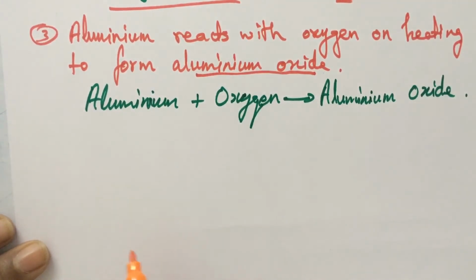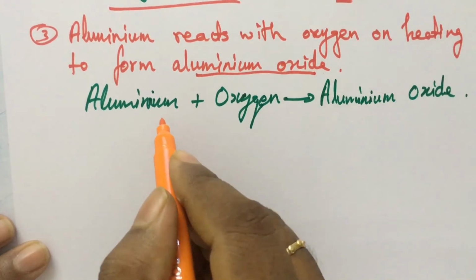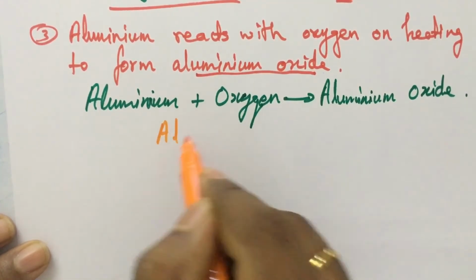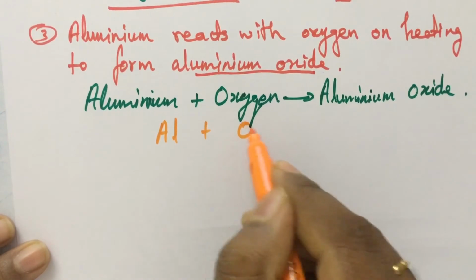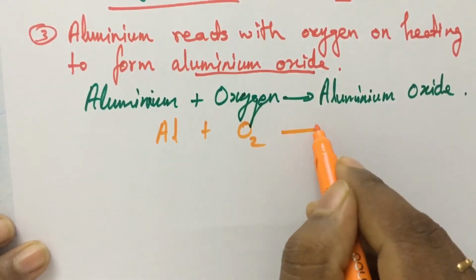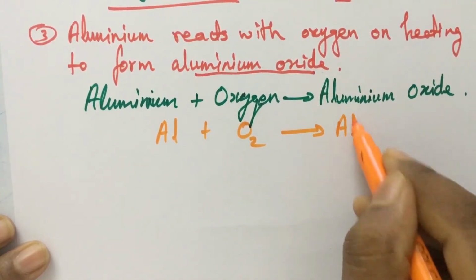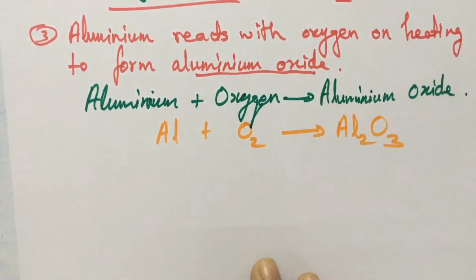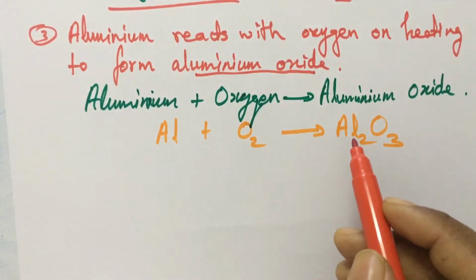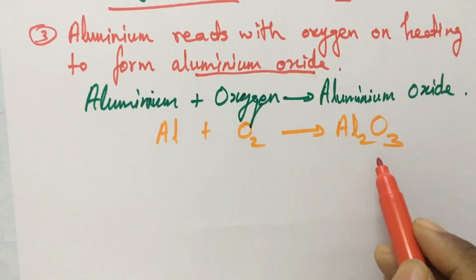Now in proper form, the equation is Al for aluminium plus oxygen O2 gives Al2O3. Let us start with Al2O3 because it contains the maximum number of atoms and most kinds of atoms.